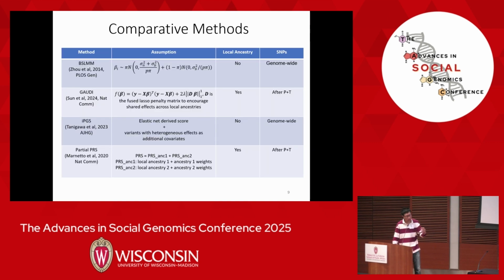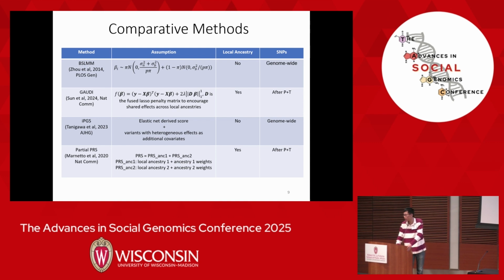And we compare our methods with a couple of other methods. The BSLM is a traditional GWAS method, which does not assume heterogeneity of the effect sizes. It also does not use local ancestry information and uses all of the genome-wide SNPs. Gaudi and IPGS are more recently published and more tailored for admixed populations.